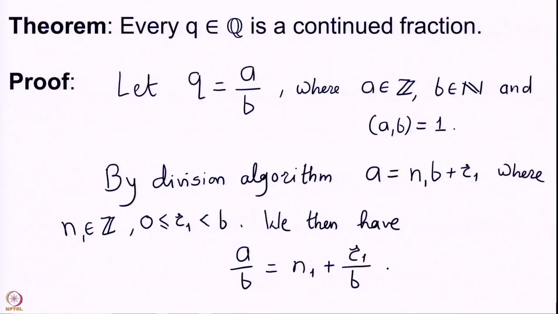So, r1 by b belongs to the interval [0, 1). Since r1 is strictly less than b, r1 upon b is a rational number which is less than 1. And because r1 can be 0, r1 upon b can also be 0, but it is otherwise strictly between 0 and 1. So, if you take the reciprocal of r1 by b, that will be a number which will be bigger than 1.